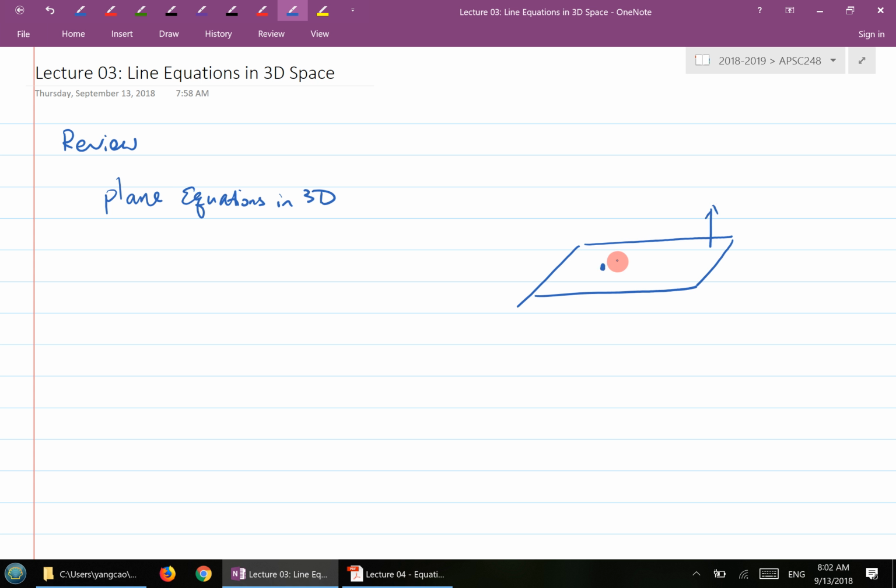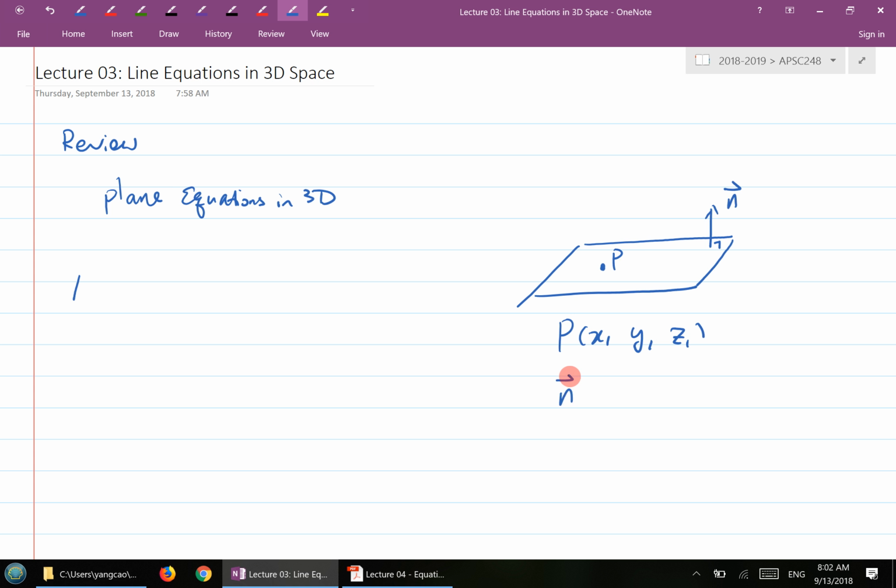We need a point P with the coordinates x1, y1, z1. We also need a normal vector to the plane. Those are two important pieces of information to construct a plane equation. Once you have these two, then you can write down the plane equation.